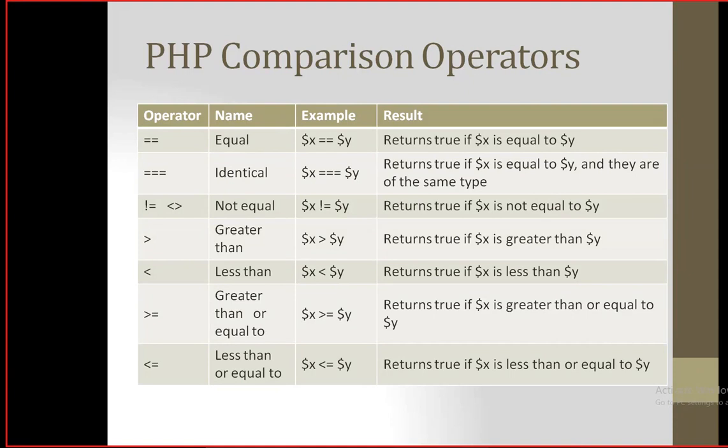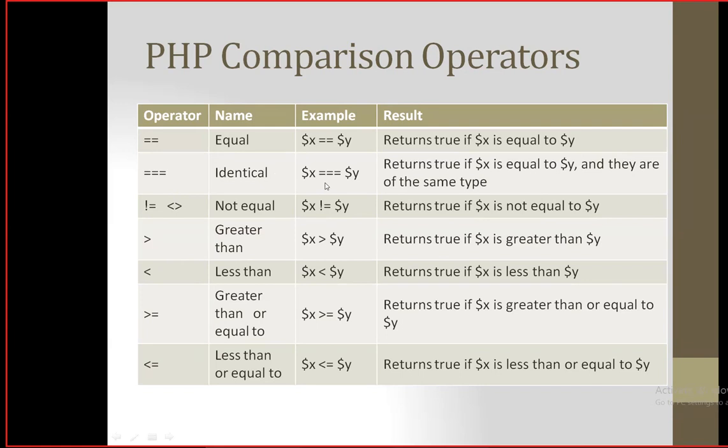Moving to the comparison operators that are offered by PHP. So all the operators that we have been using in the languages that we have studied up till now, the operators and their use remain the same, right? For example, if you use the equal operator, it will return true only if the values of x and y are equal, numerically equal. The only additional operator that we see is the identical operator.